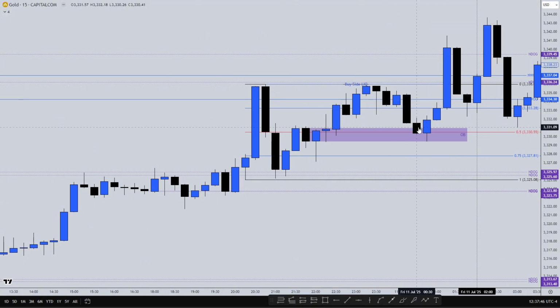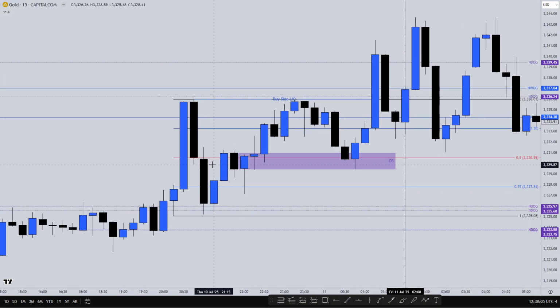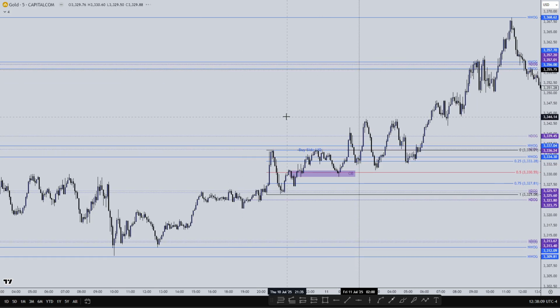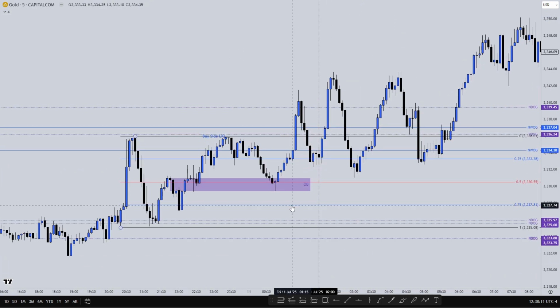So if you want to buy, you have to wait for the prices to go to a discount area, which is below the 0.5 level on the Fibonacci, and then wait for a market structure shift or a change in the state of delivery. So now let's go back to the 5-minute time frame and see what the prices did.